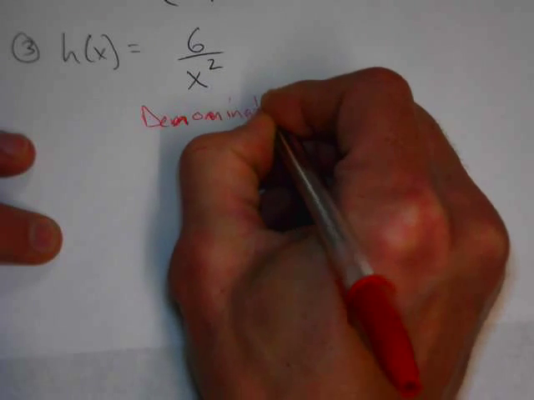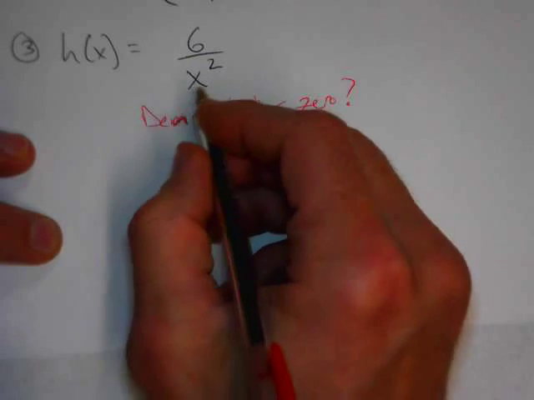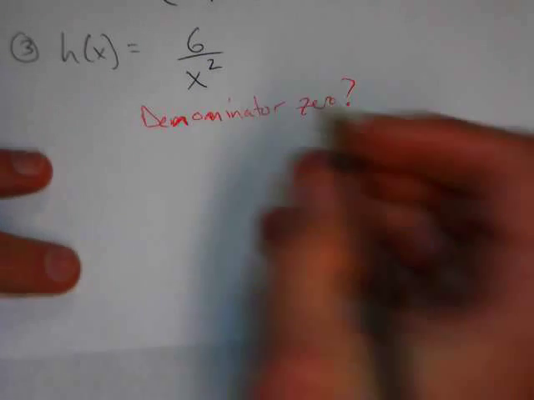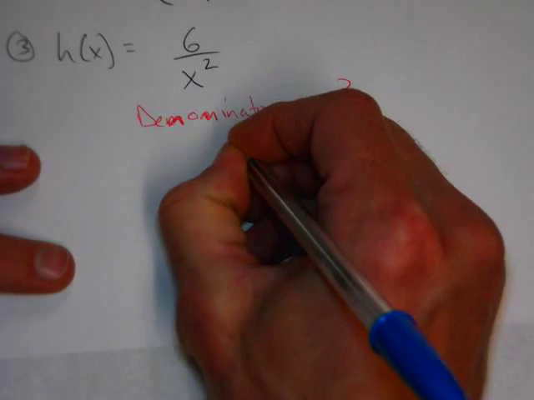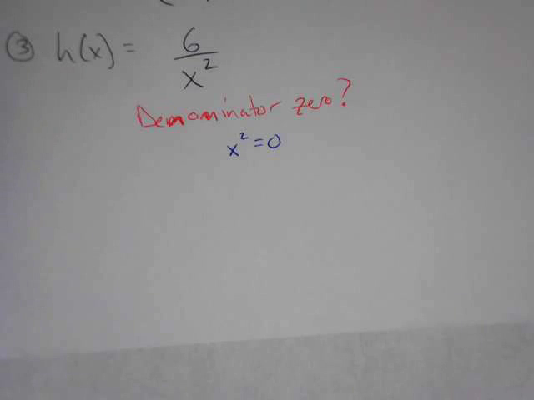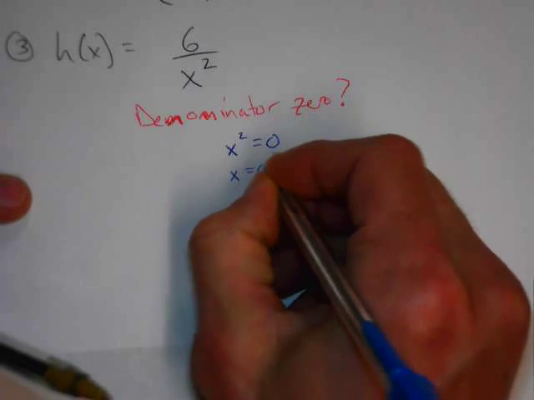How will I find the answer? Why don't I just set the denominator equal to 0? Then I can figure that answer out. For this particular example, if I just solve this equation for x, I will find that x is 0.